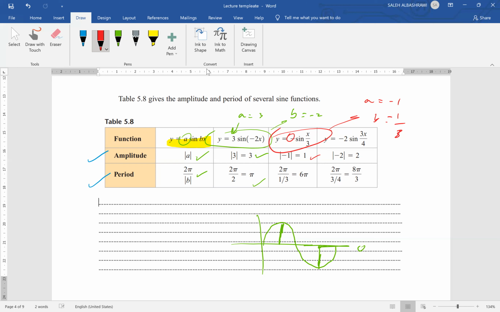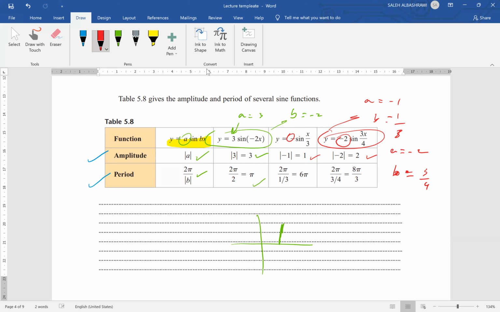In the third example, we have y equal to minus 2 sine, a equal to minus 2, and b equal to 3 over 4. So the amplitude is equal to 2, and the period will be 8 pi over 3.